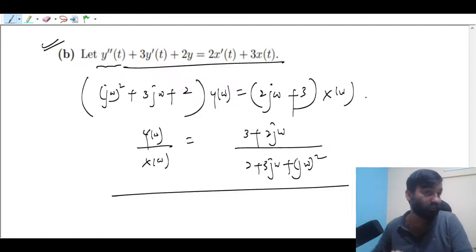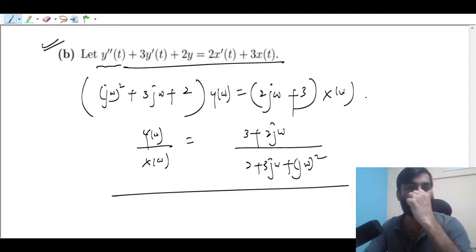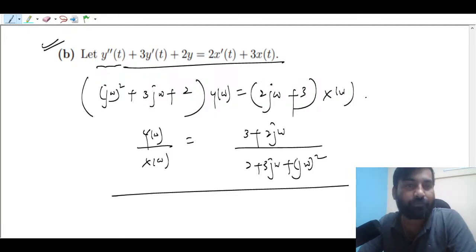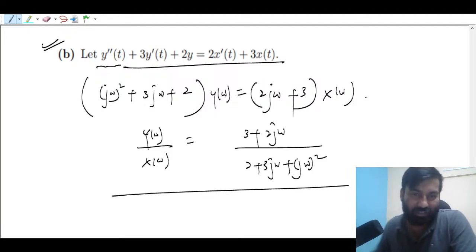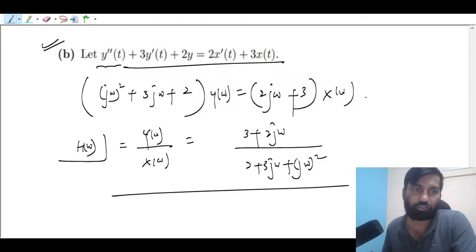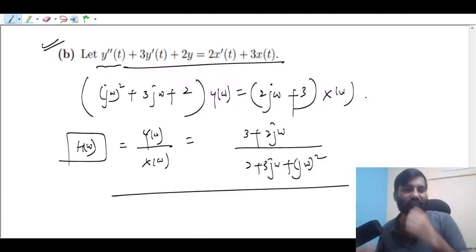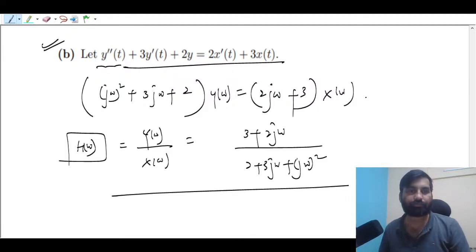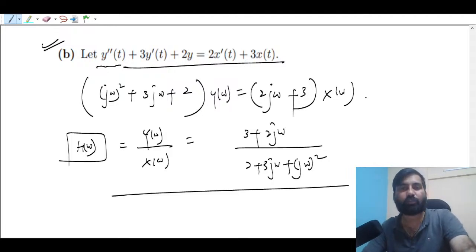From the differential equation you can find the impulse response and then the transfer function. तो ये डिपेंड करता है, this is also H of omega. तो आपको ये देखना है कि आपका सिस्टम कैसे डिस्क्राइब्ड है, ओके. In fact, you can also cross multiply and find the time domain differential equation back, ठीक है.